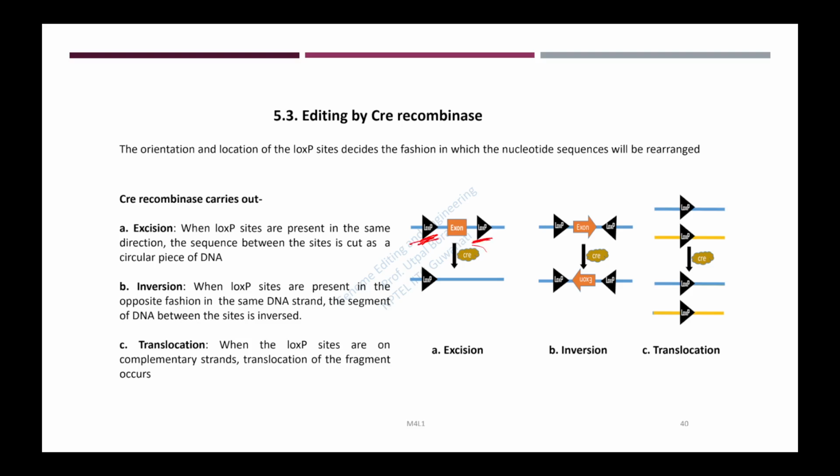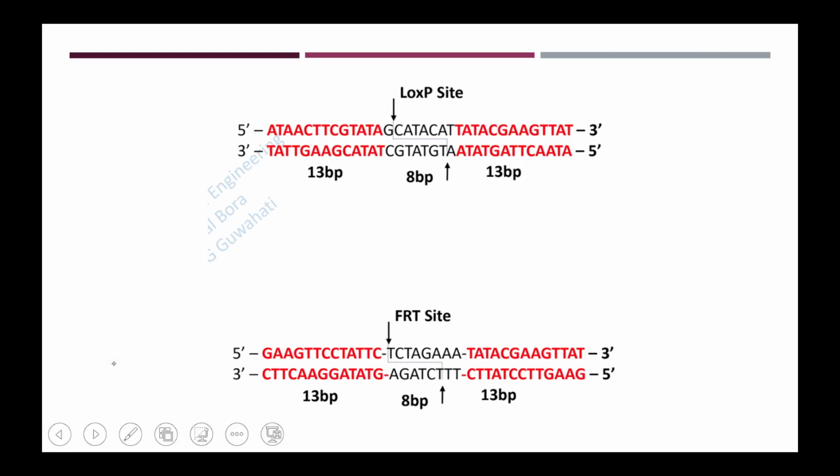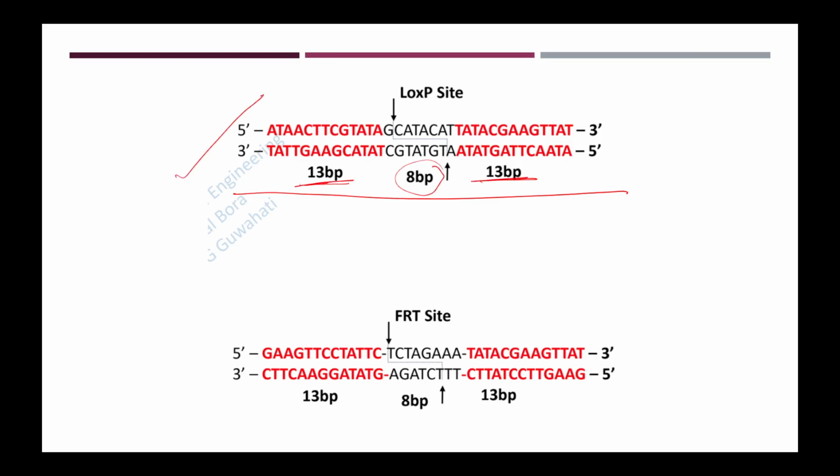Okay. So Cre is a recombinase which identifies the LOXP site. So it is a 13 base pair palindromic sequence, flanking an 8 base pair spacer sequence. This is a LOXP site which is identified by Cre recombinase.